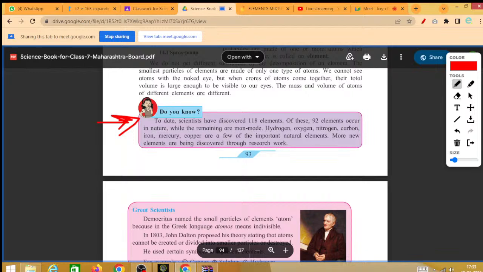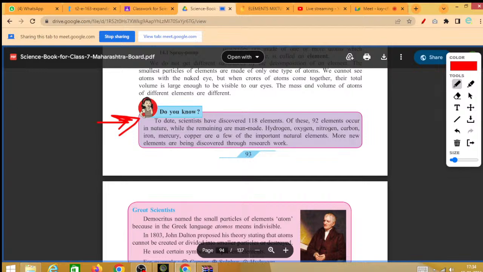Today, scientists have discovered 118 elements. Of these, 92 elements occur in nature, while the remaining are man-made. Hydrogen, oxygen, nitrogen, carbon, iron, mercury, copper are a few of the important natural elements.